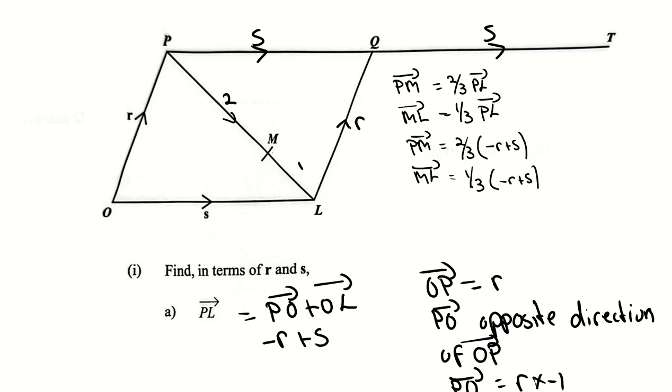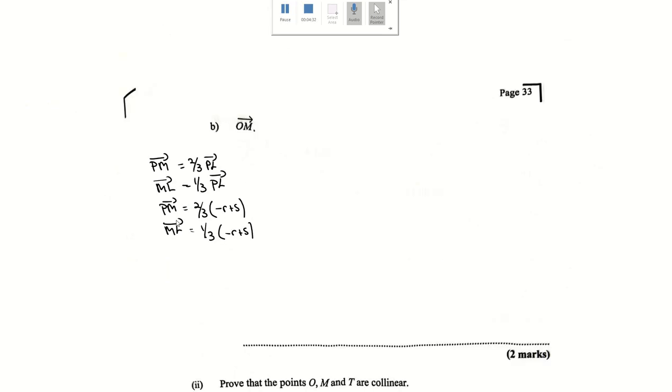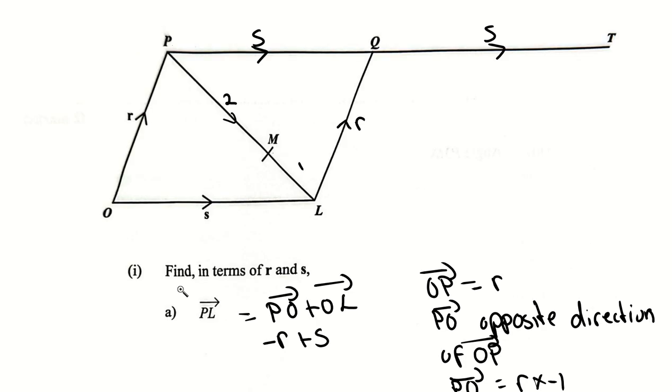So I'm just going to take this information and put it in the next question. Right, so I have PM and I have ML. Again, up to you what direction you want to take.